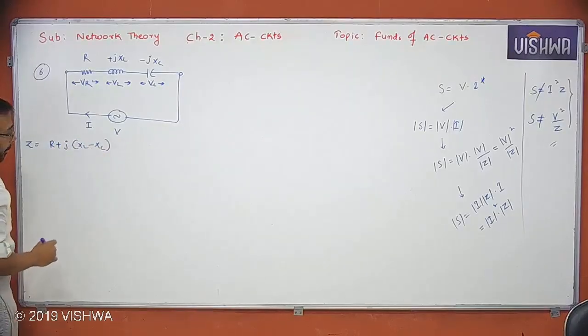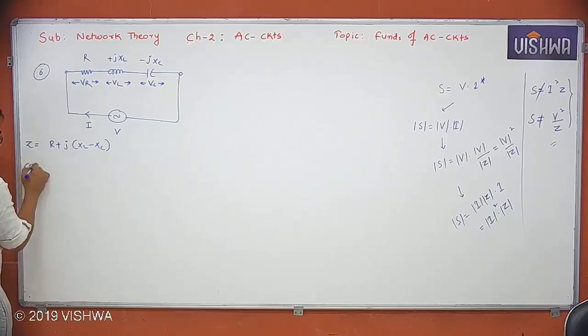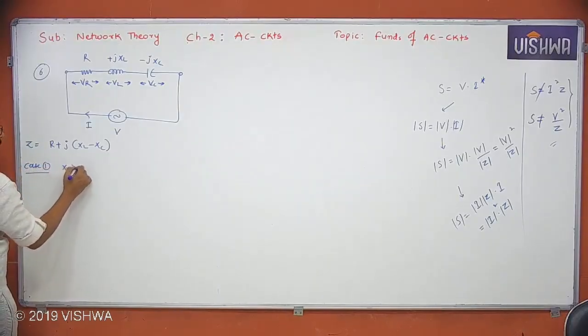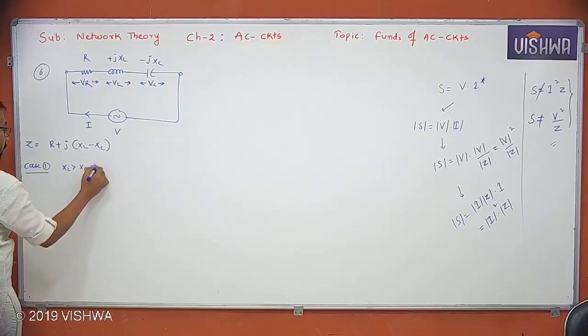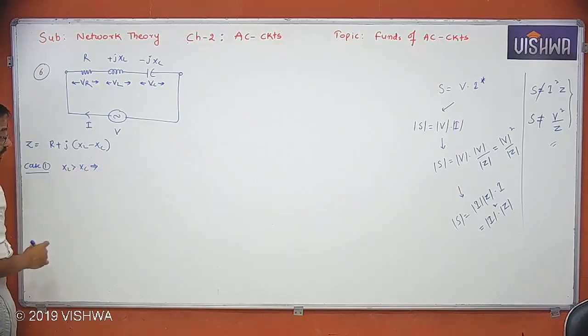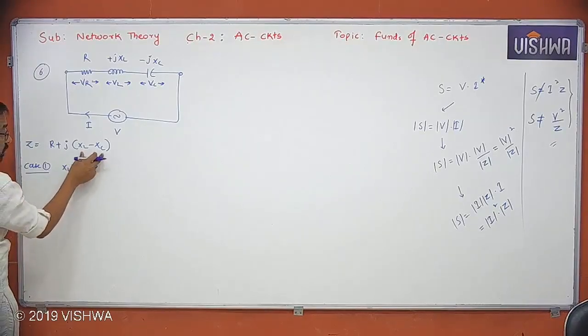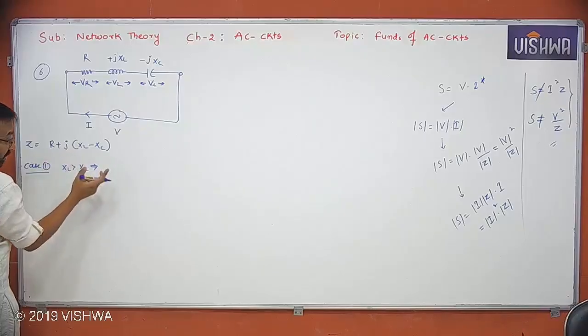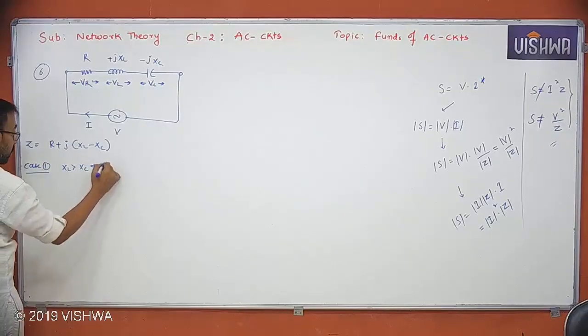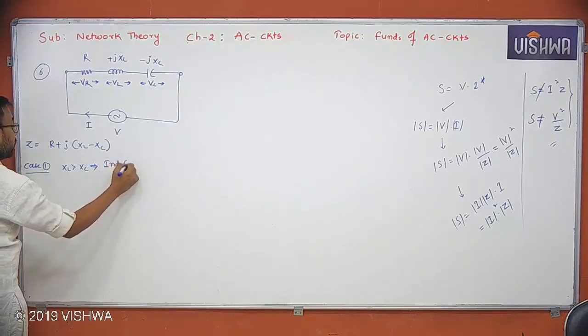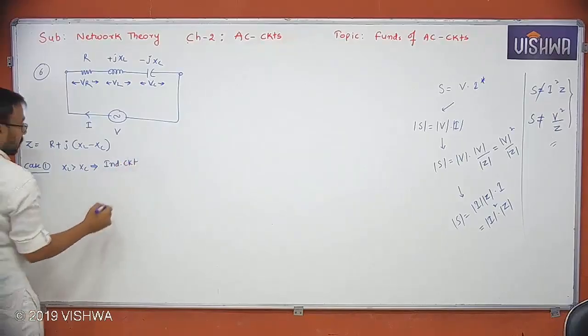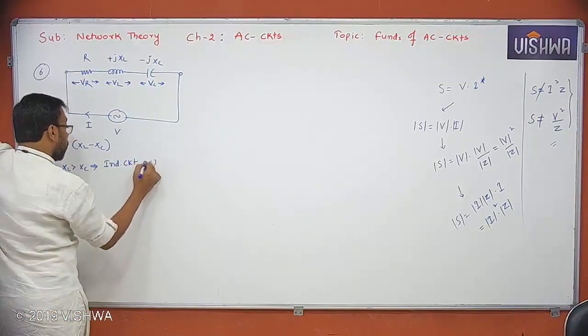I can take case 1. If XL is greater than XC, what will happen? XL is greater than XC, it is a positive value. R plus JX, so it is inductive. Yes or no? So it is acting like an inductive circuit or lagging power factor circuit.